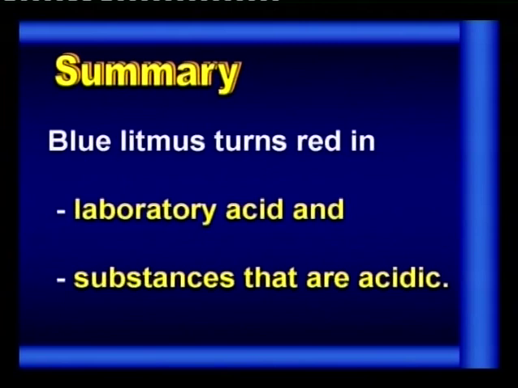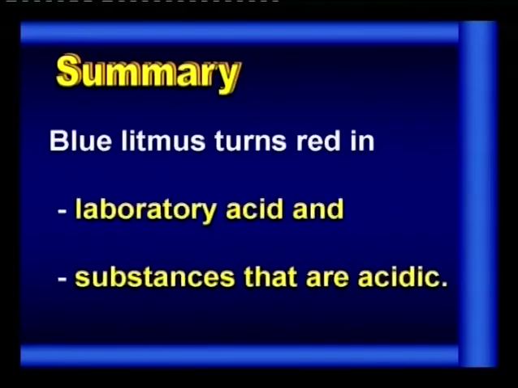And substances that are acidic, or substances that may contain acid, which you found in some of your substances, such as the ones that you have tested, shown in your result table. Those are your summary points.